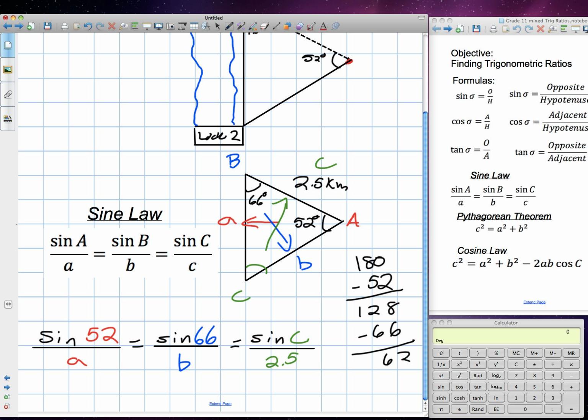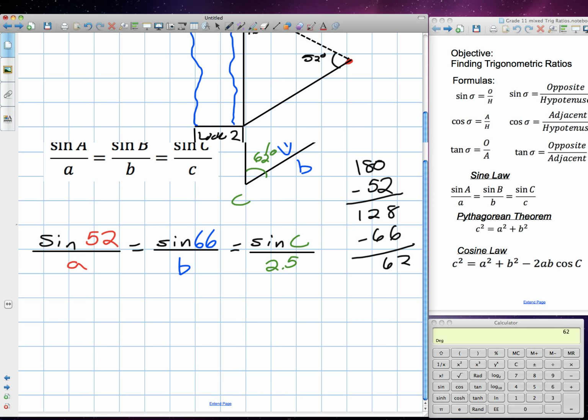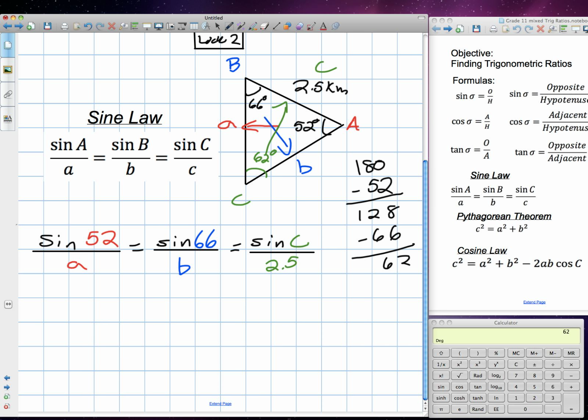Let's check. 180, subtract 52, subtract 66, 62. Perfect. So angle C is 62 degrees. Okay. So what that means is I can now replace this C with 62 degrees. Now I have a complete ratio.